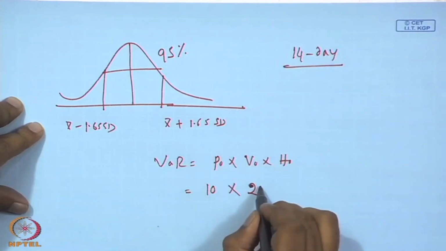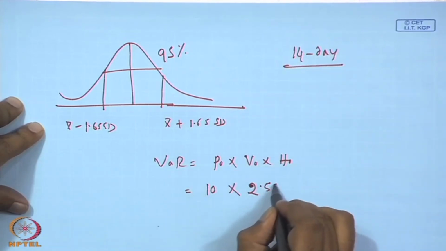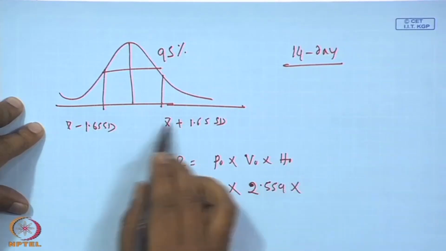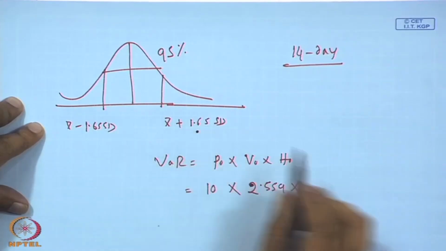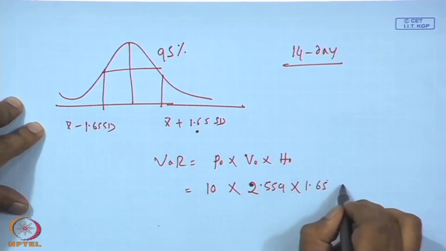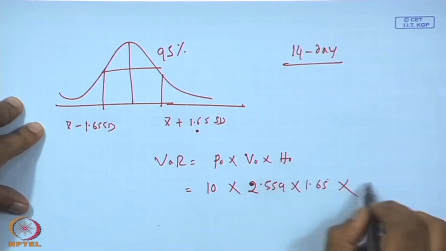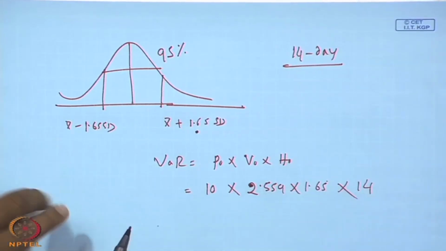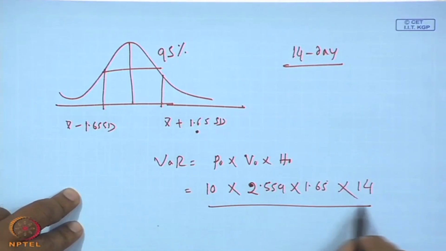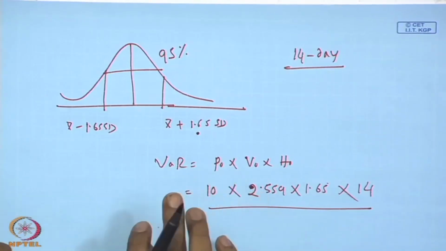This will give me the maximum loss when I am 95% confident. That is the calculation process.